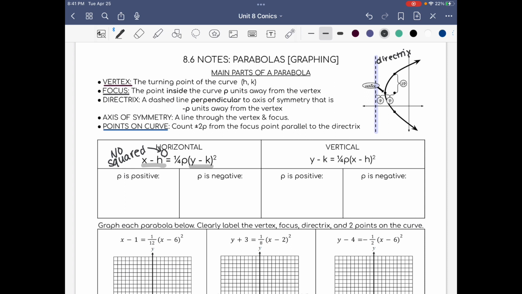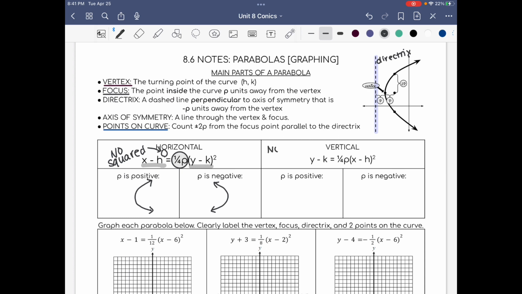And if x is the variable that's not squared, it's going to be a horizontal parabola. If the value in front right here is positive, then it's going to go to the right like this. If that value in front is negative, it's going to open up to the left like this.